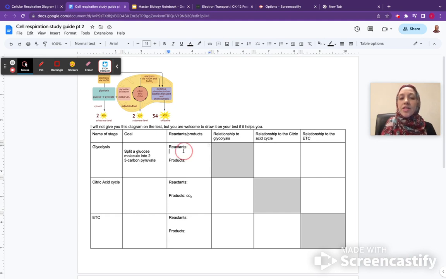Excellent. And so what do we know? We know glycolysis, if we're splitting a glucose, must require glucose. So that's going to be one of our reactants. And since we're splitting glucose into pyruvate, a product is going to be 2 pyruvate molecules.